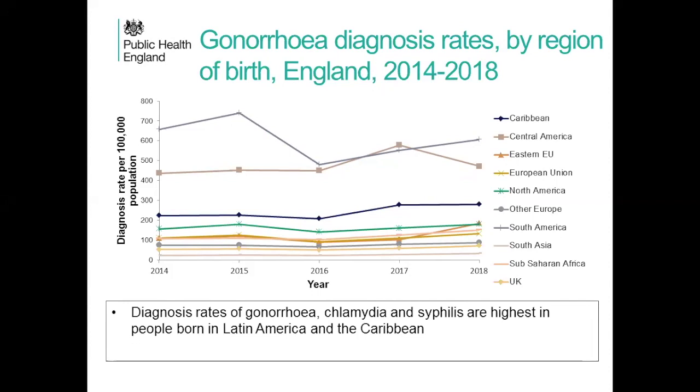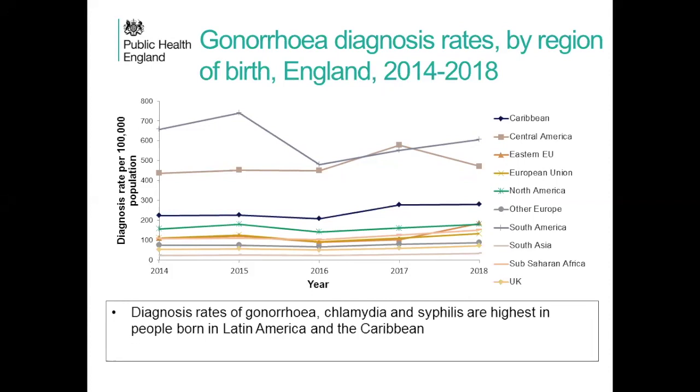And looking specifically at gonorrhea, people from Central and South America have diagnosis rates about 10 times higher than they are for UK-born patients. So one thing to keep in mind is that one of the limitations of that data is that this is an indicator, but where people are born doesn't tell us what their citizenship is or how long they've lived in the UK either.